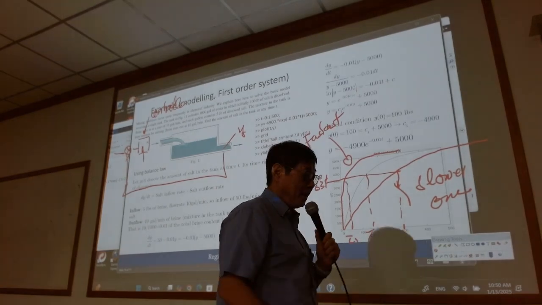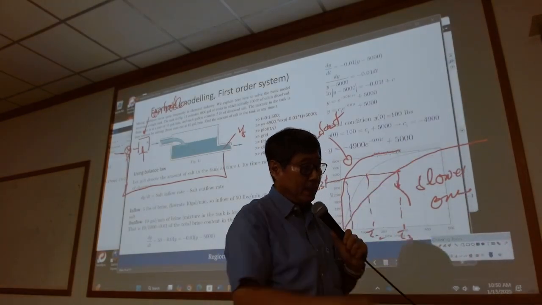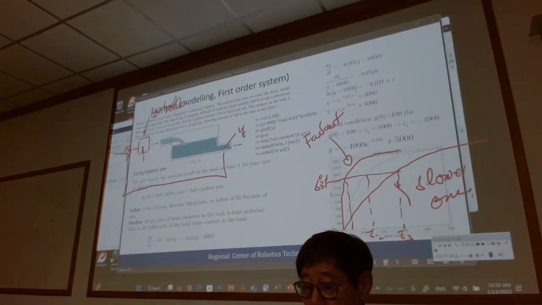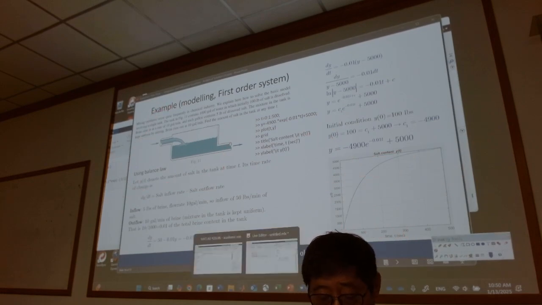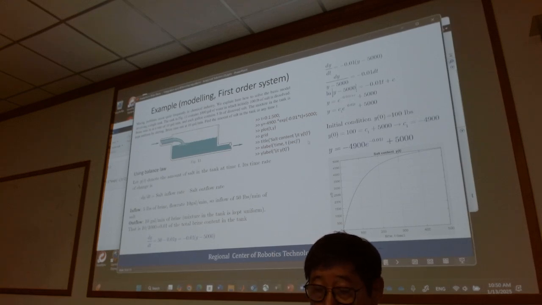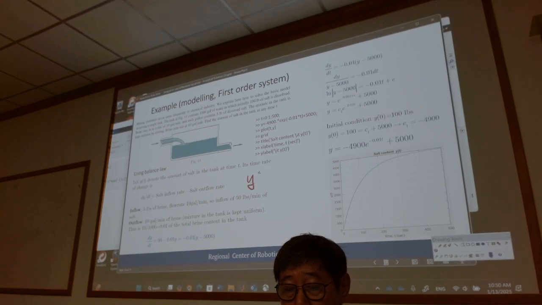And you have from this response, you see Y. You have Y at t. This part actually is the transient response plus the steady state response.